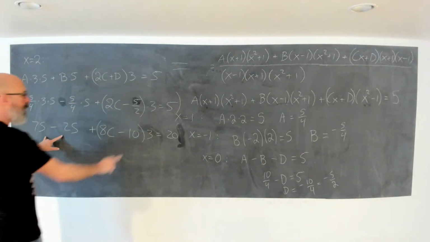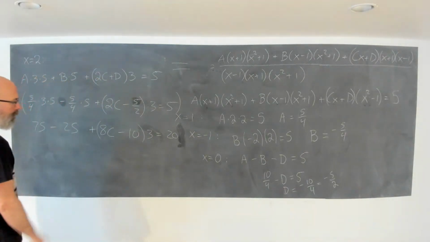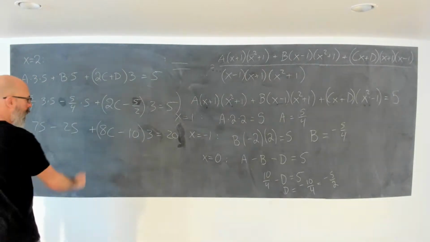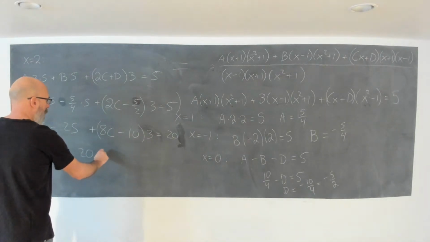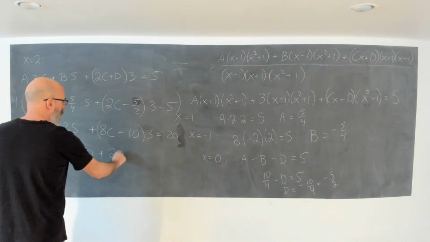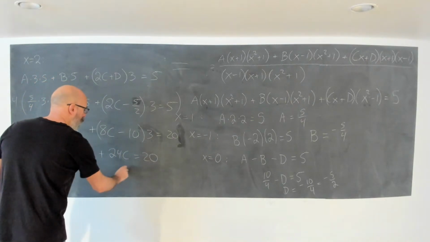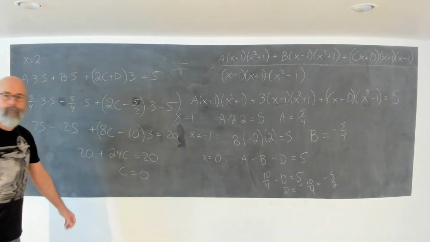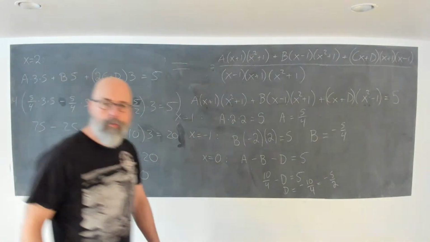So that's 50 minus 30 is 20. So clearly C is 0. All of that for 0.